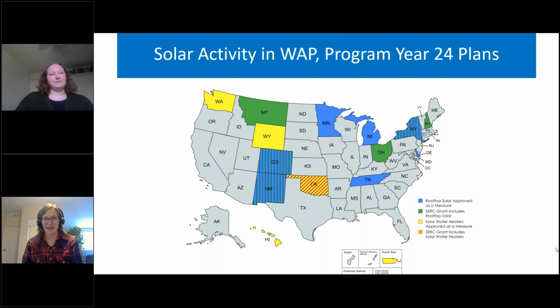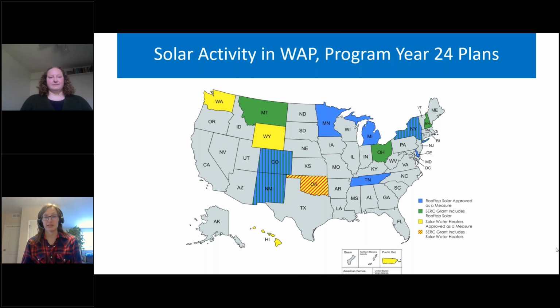And Jenna, I realized I forgot to mention CERC grants at the beginning. Yes. With the change in the law in 2021, Congress amended the WAP statutes so that when the overall budget for the Weatherization Assistance Program is above a certain level, the program can offer a certain number of competitive awards.